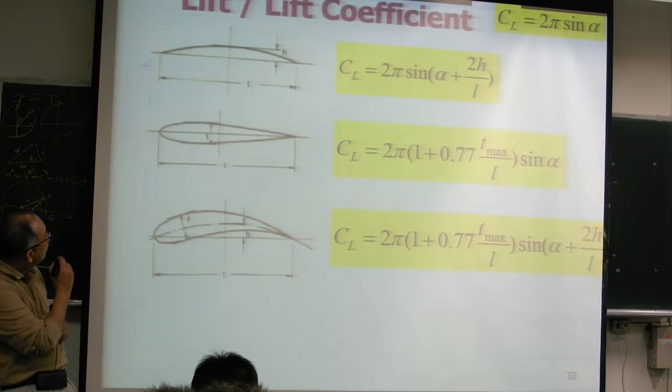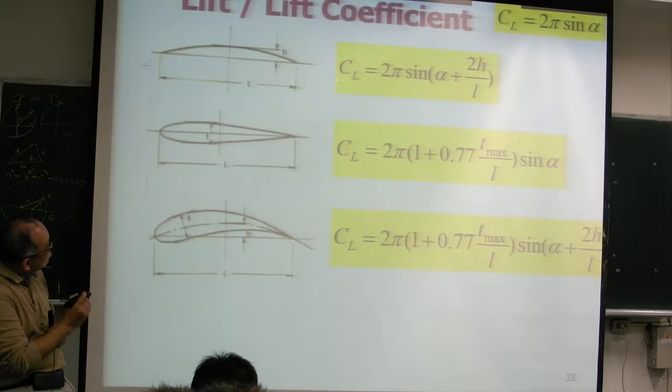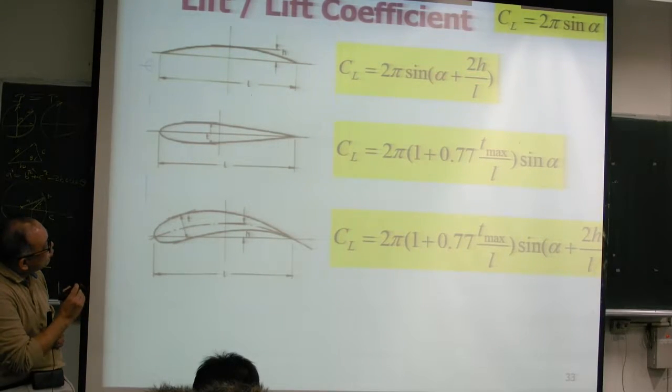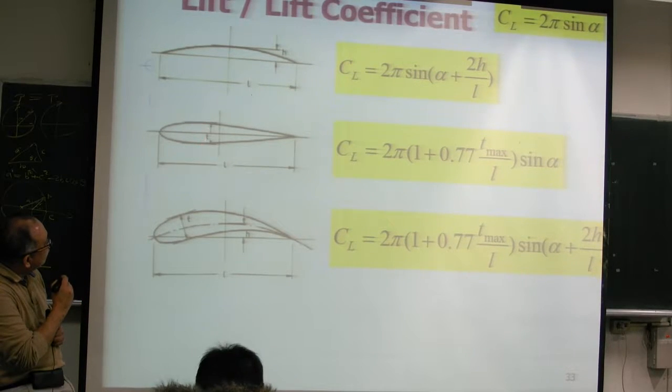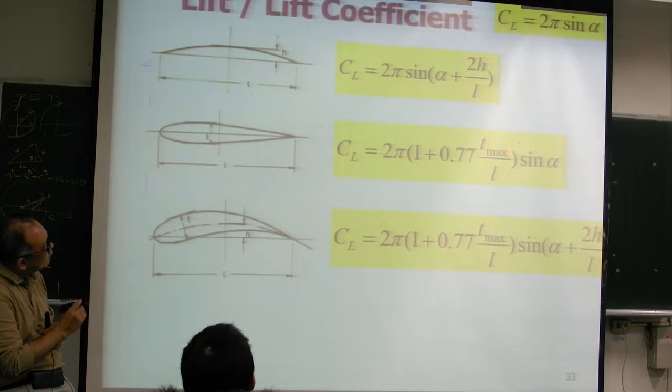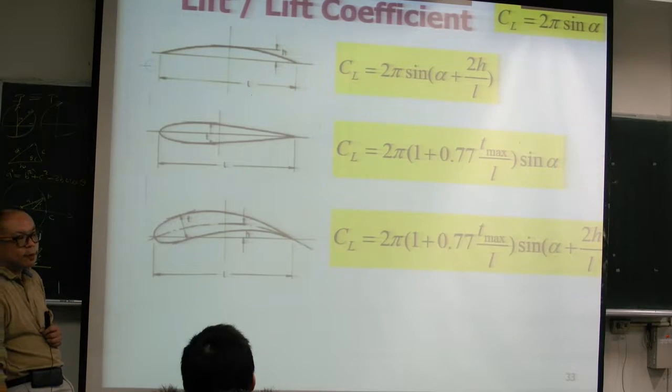Okay? With a camber effect, the lift coefficient we got is 2 pi sine alpha plus 2h over L. So the alpha here changed to this. With the thickness effect, our slope is changed, right? It becomes 2 pi times 1 plus 0.77 t over L. This is the thickness effect with angle of attack alpha.